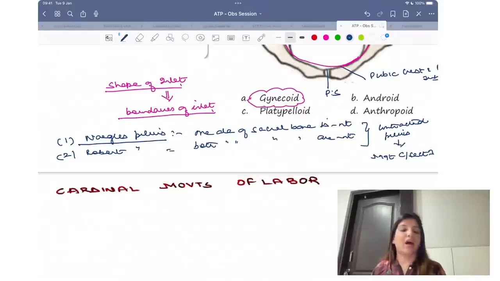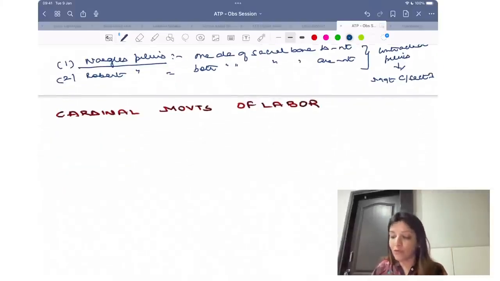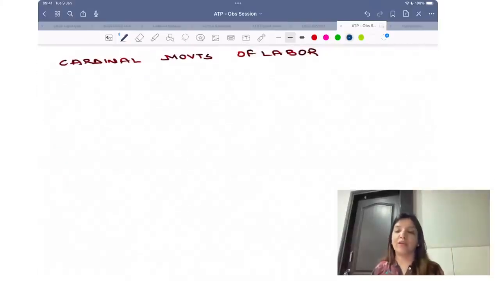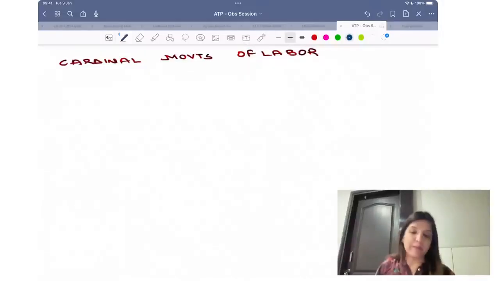Now they have started asking you questions on cardinal movements of labor and the sequence of the cardinal movements of labor. Whether you are a NEET PG student or an FMG student, they will give you 4 or 5 movements and ask you to arrange them in sequence. If you are a Marrow subscriber or a DBMCI student, I have shown you how vaginal delivery happens. What is the normal mechanism of labor?